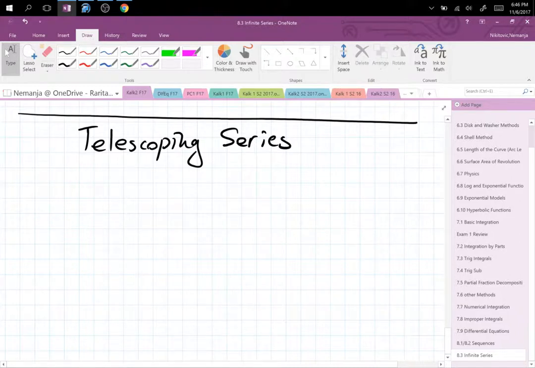So what we have is, a telescoping series is recognized as a difference between two sequences like this.